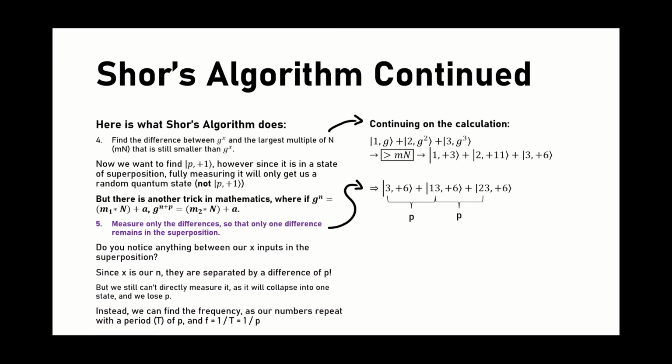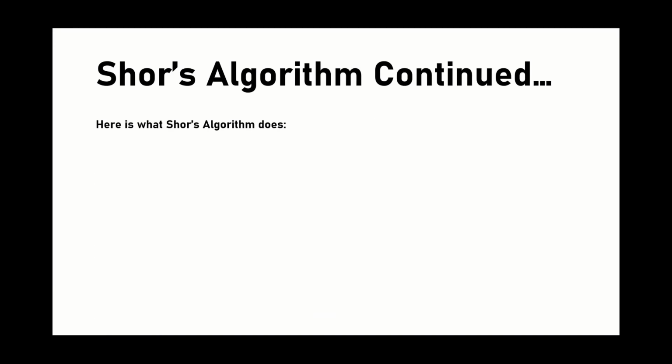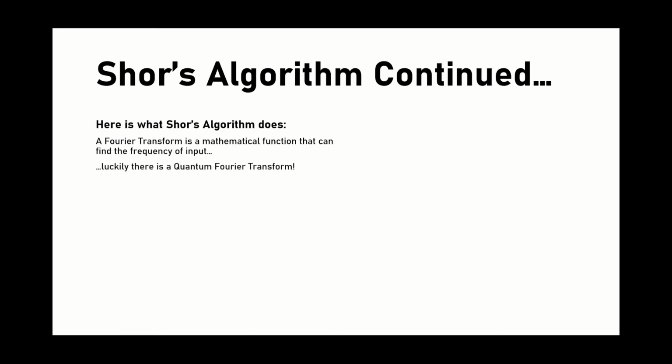Instead, we can find the frequency as the numbers repeat with a period of p, so that means 1 over p equals the frequency. Now to do this, we do something called a Fourier transform. Now a Fourier transform in mathematics finds the frequency of an input, and there is a quantum Fourier transform that we can use.